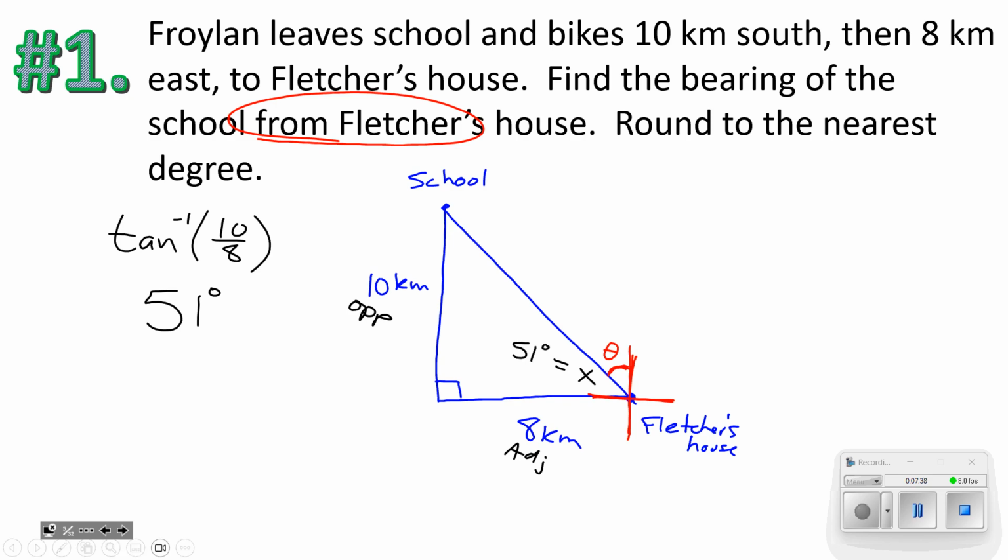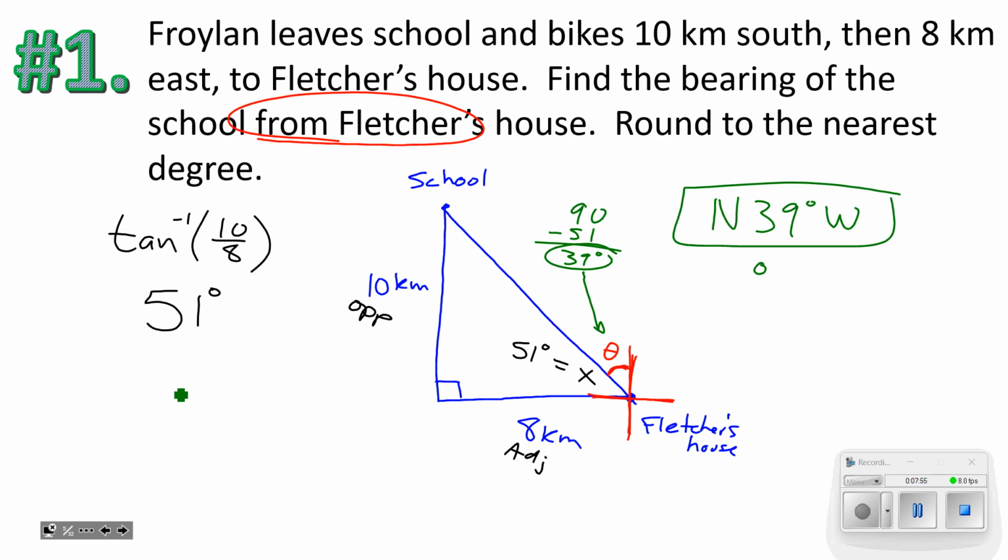It's asking for a bearing. So my final answer is going to be 90 minus 51 is 39 degrees. So north 39 degrees west, or if you prefer your answer counting clockwise from due north, it would be 321 degrees.